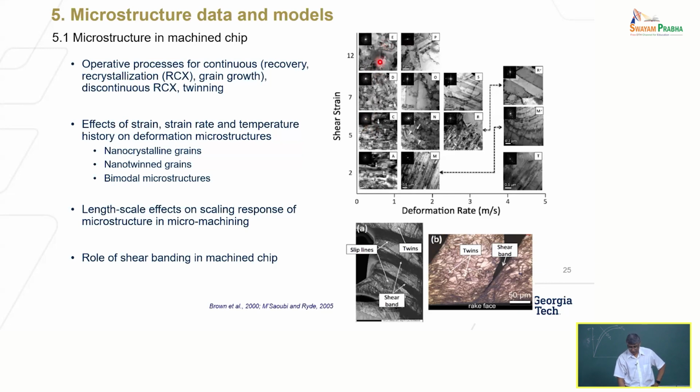What kind of dislocations? What kind of defects are there? What is really happening to the material as a function of strain and the rate at which I'm deforming it? So people have experimentally tried to gain an understanding of under what conditions I will produce certain types of microstructure in one material as a function of shear strain.